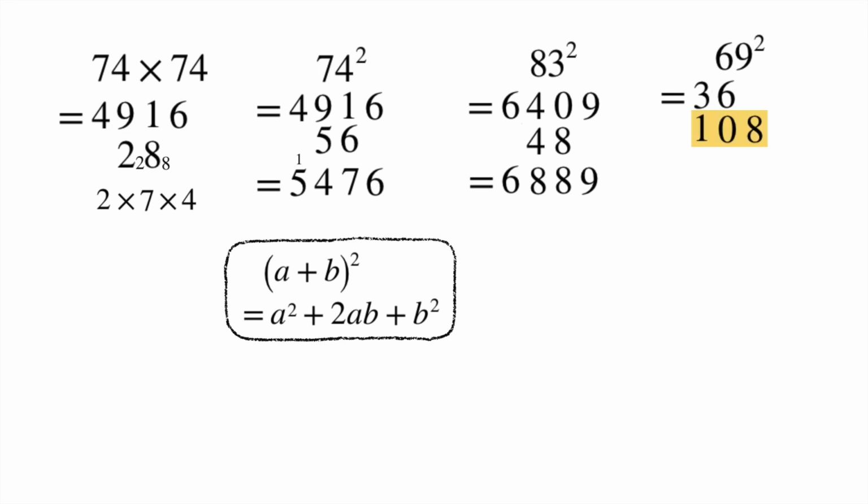When it's hard to do it in mind, write 6 times 9 twice. Next example.